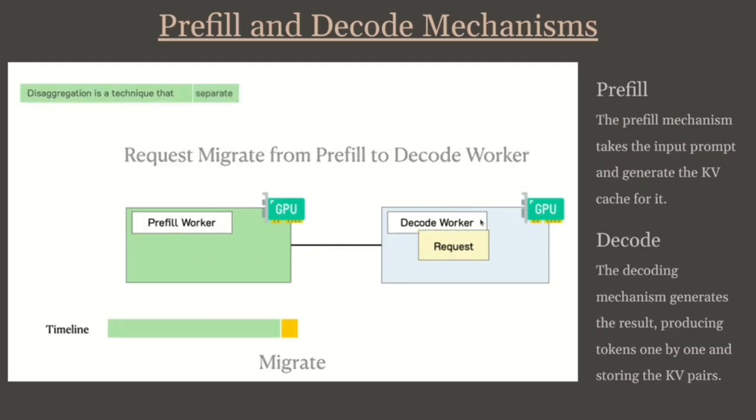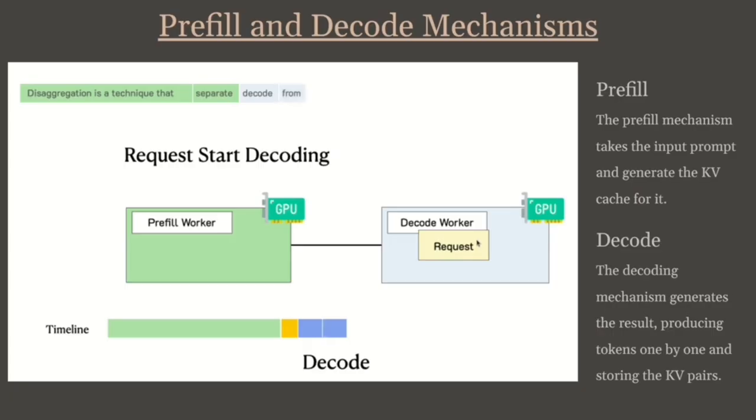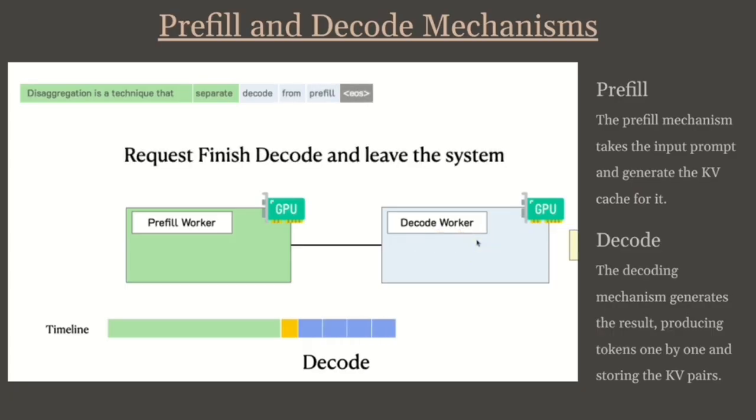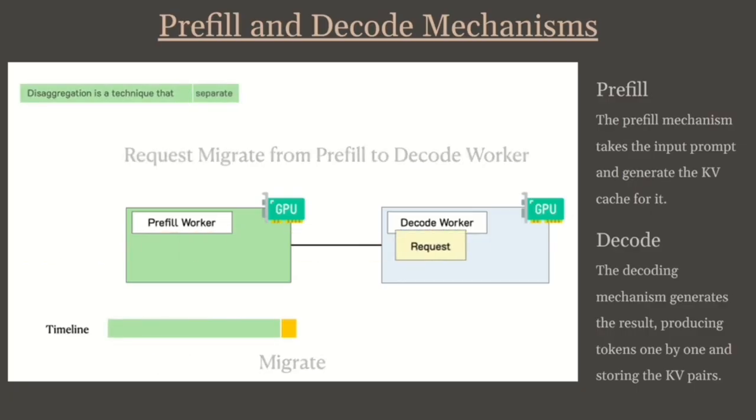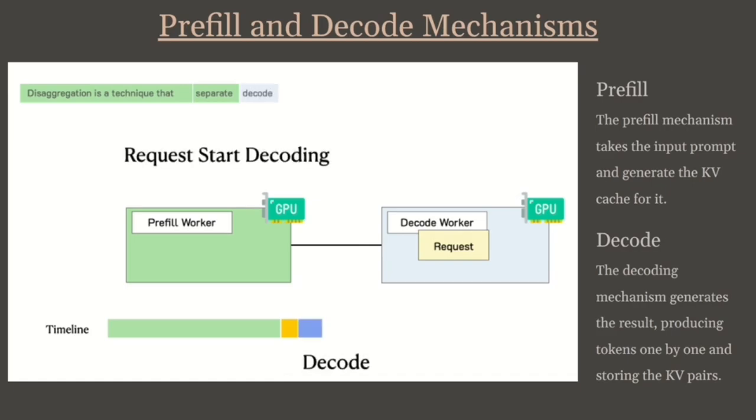So that's what the decoder will do. We'll talk about the KV cache in the next slide. And all these things, the decoder and prefill worker, are done in the GPU.